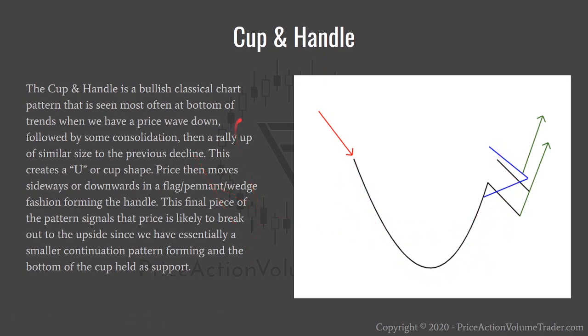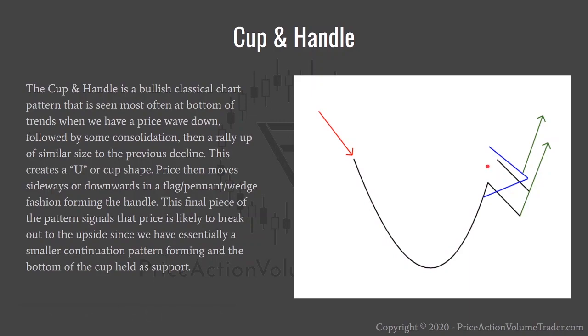So the cup and handle is a bullish classical chart pattern that is seen most often at the bottom of trends, when we have a price wave down followed by some consolidation at the bottom where long positions are being accumulated. We rally up, similar in size to the downfall that we had.